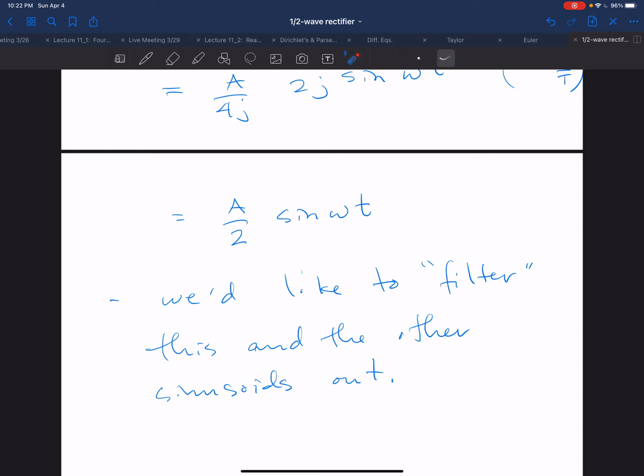And note that this most troublesome of these sinusoidal components is exactly 1/2 of the input sinusoid.